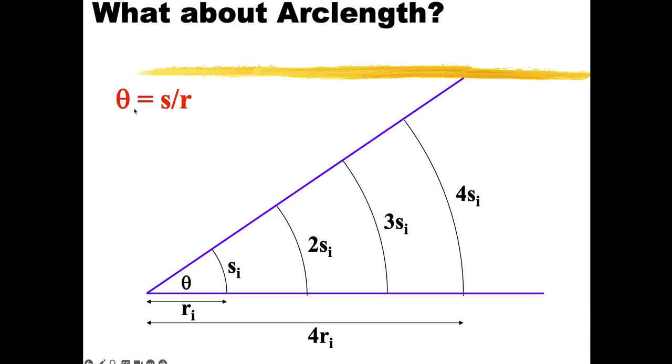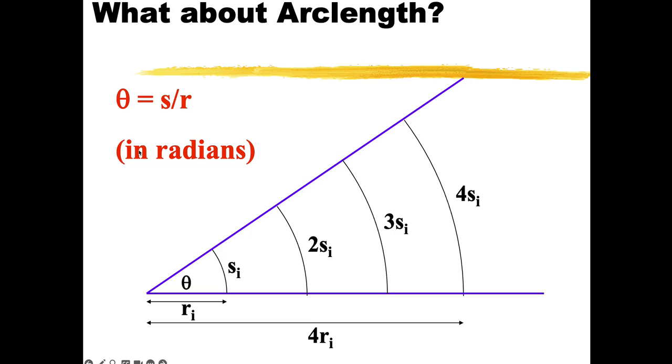So what does this tell us? That the angle is a ratio between the arc length and the radius. And this ratio only works if we're thinking about the angle in terms of radians. This is, by the way, where radians come from.